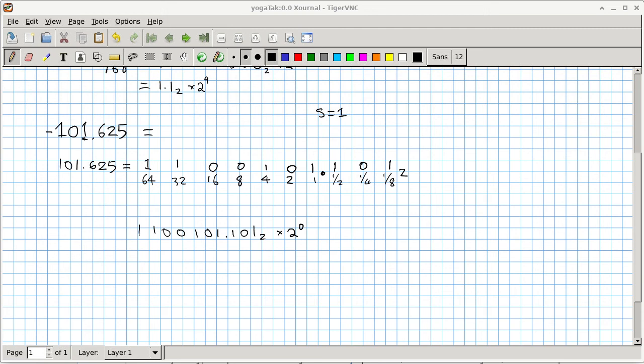So that means this whole thing is going to be 1.100101 times 2 to the power of what? Every time we shift the point to the left, we have to add 1 to the power of the base. 6. So it is 2 to the power of 6 right there.